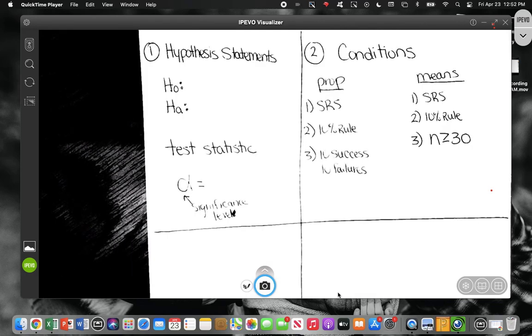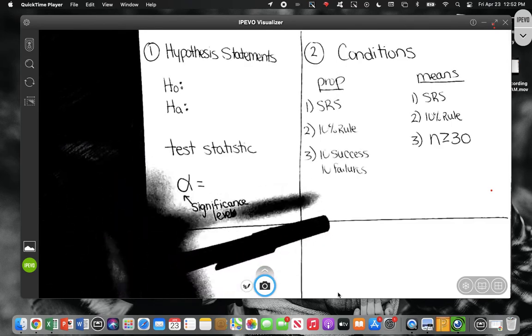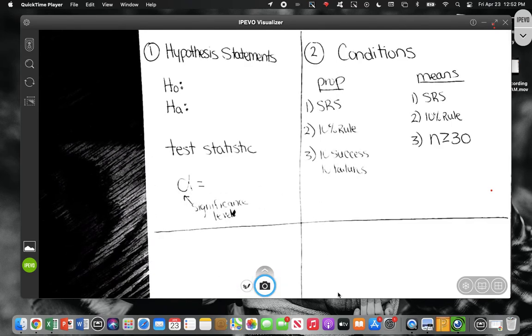Now that's not asking a lot. You don't have to do a ton of work on those. Putting SRS and a check mark is enough. But it's just showing that you understand that there are rules you have to meet before you can do work. So then part 3.